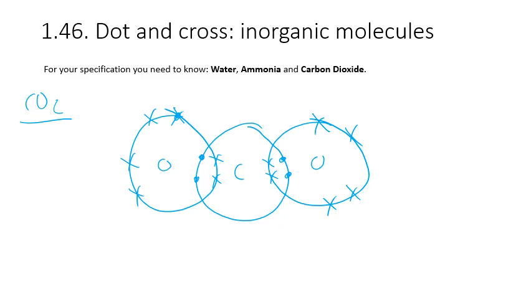So the oxygen should have access to 8. So it has 1, 2, 3, 4, 5, 6, 7, 8. This oxygen should also have access to 8. 1, 2, 3, 4, 5, 6, 7, 8. And the carbon should have access to 8. And since there are 4 electrons in each bond, it should be 8. 1, 2, 3, 4, 5, 6, 7, and 8.